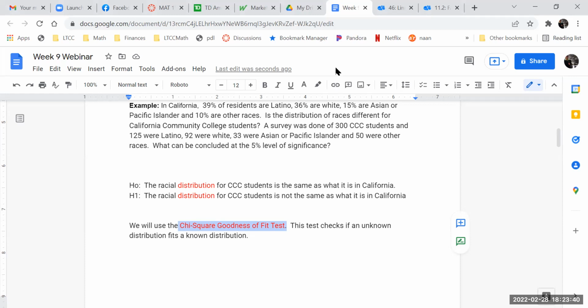And the next step is something we haven't done yet. The next step is to create a table and write out what's called the observed and the expected table. So let me show you the table.